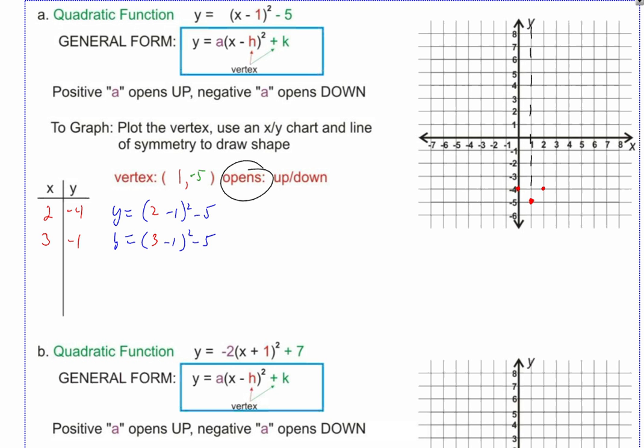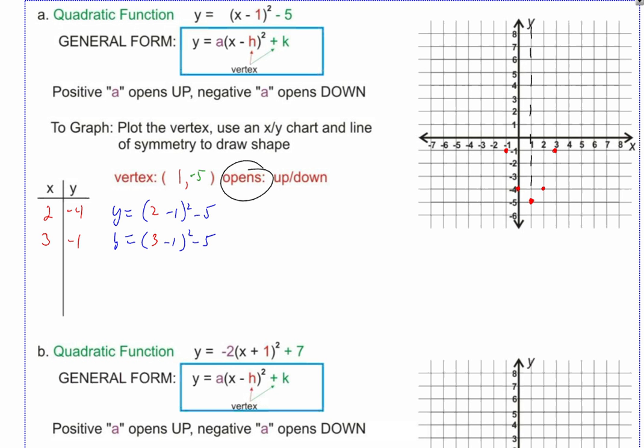So we're at the point 3, negative 1. So plot the point 3, negative 1. How far away is that from the line of symmetry? 2. Go the other way. 2 spaces left, right? This one is 2 right, go 2 left.